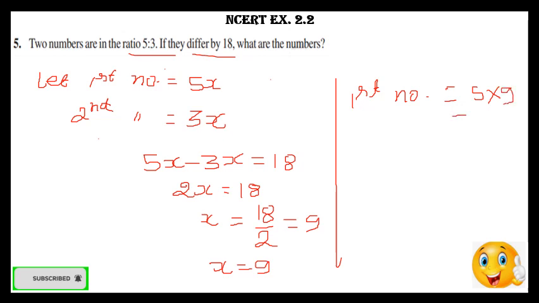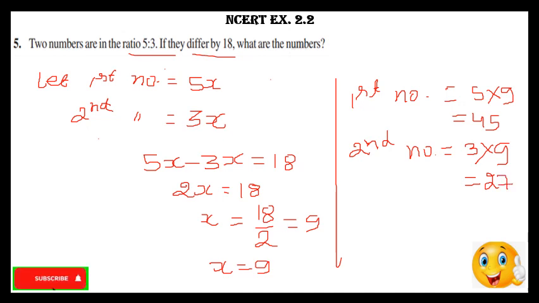So this is 45, and the second number is 3 times the value of x. So it is 3 into 9, and the second number is 27, and the difference between 45 and 27 is 18, so they differ by 18.